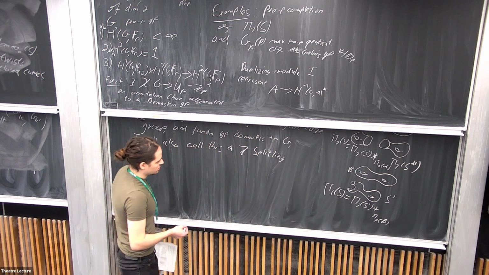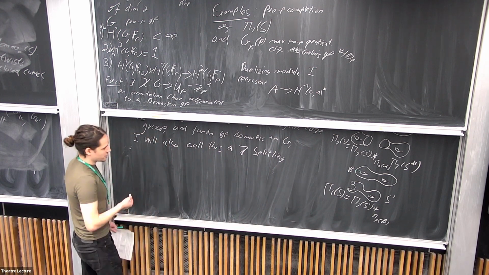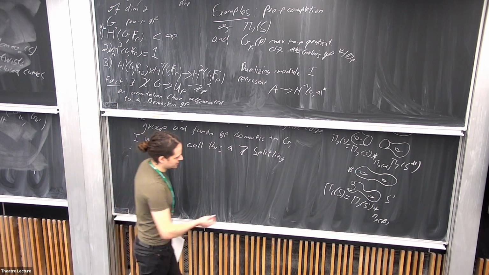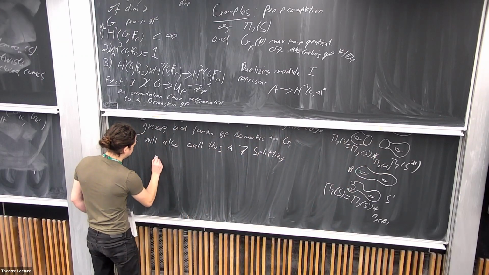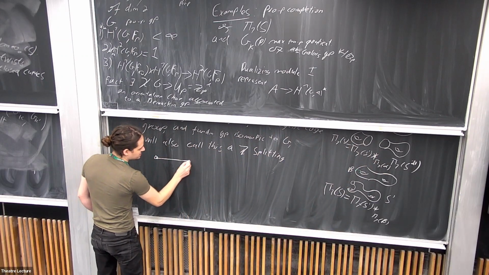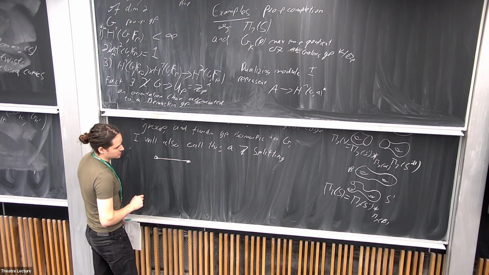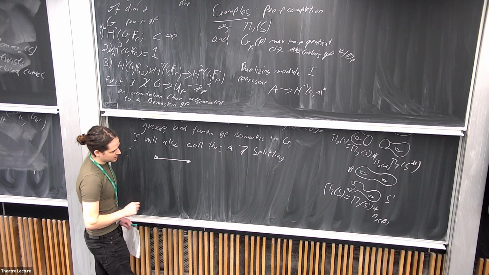So what do I mean by a graph of groups? For every component that I get, I write a vertex, and I join them by an edge for the curves that I cut along.